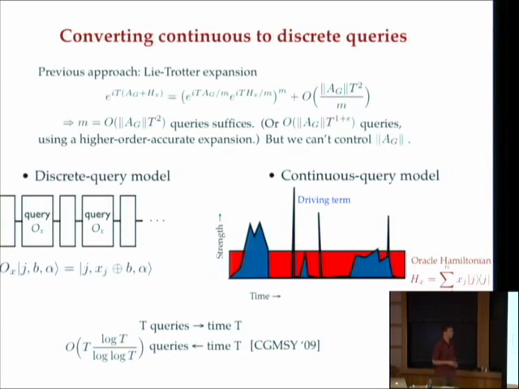And so that's really what we need. The rough intuition is you can think of it as an asymmetric Lie-Trotter expansion. So they deal with the case where one of the terms is much larger than the other term. That doesn't happen in this first expansion, which is what kills you.